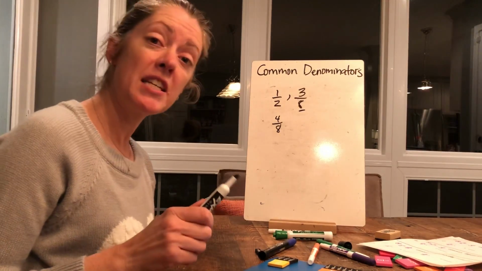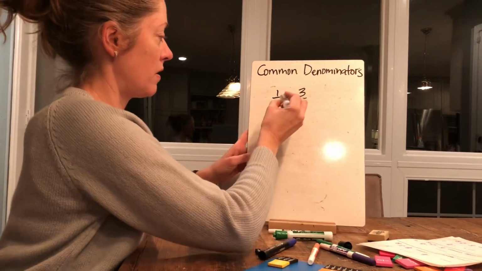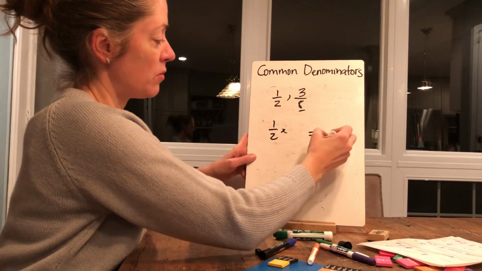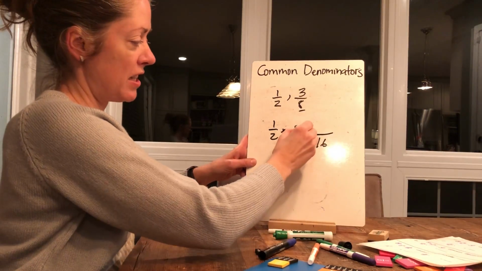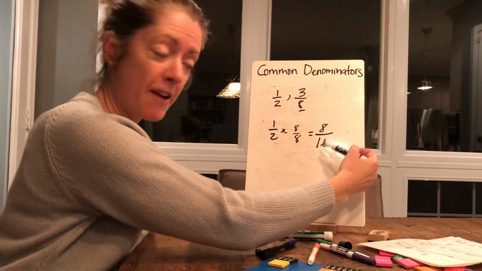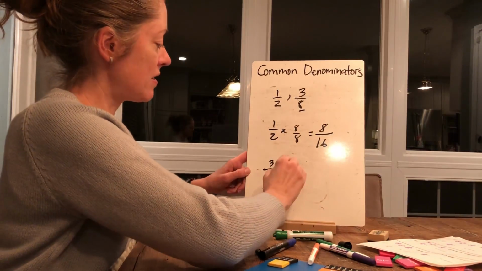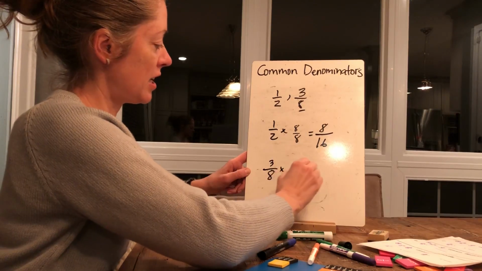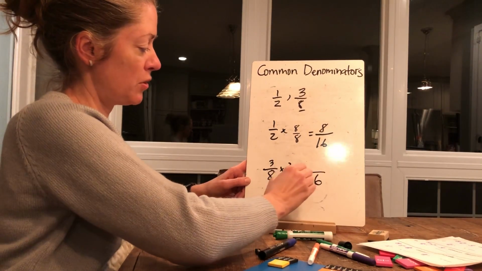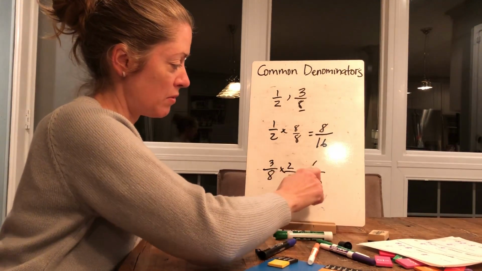Perhaps you used 16ths. That could work too. 1/2 times what equals 16ths? Well, then you would know 8/8. 8/16 we know is equal to 1/2 because 8 is half of 16. 3/8 times something, well, it would be 2/2, right? 8 times 2 is 16, 3 times 2 is 6.